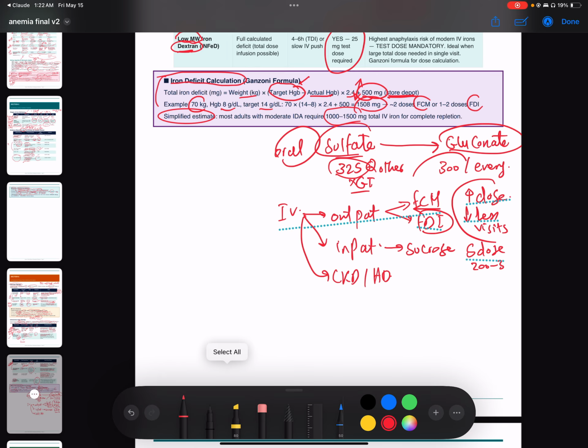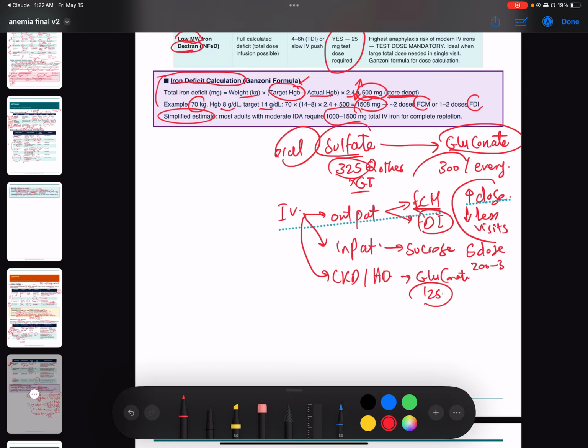For CKD, it will be the gluconate, which is 125. So it's usually every single time they go to have hemodialysis, they can get the gluconate.